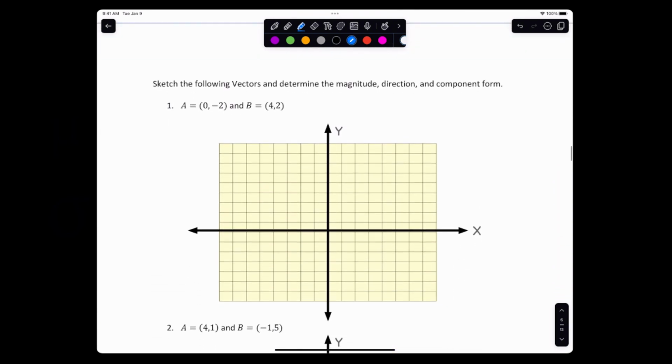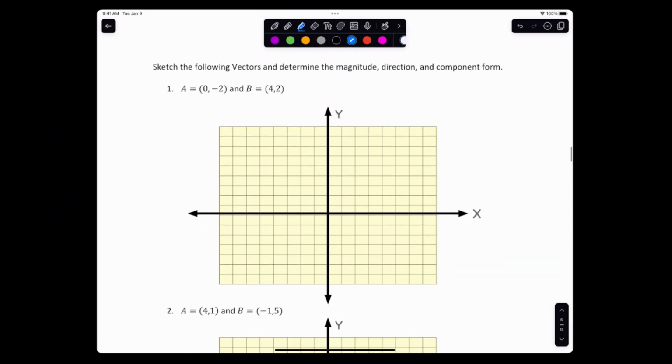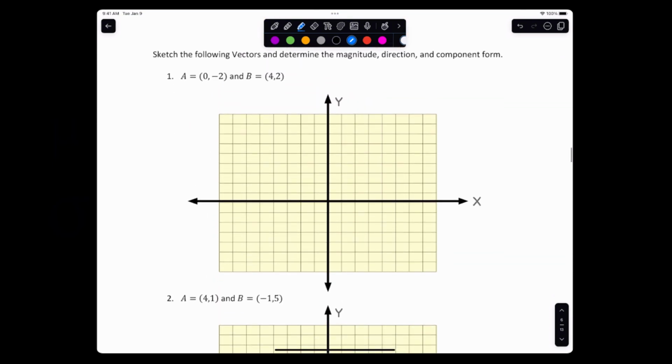We're gonna do some more here. Do you guys think you could do these two here, 1 and 2 on your own? I'm going to have you guys try 1 and 2. To get the component form, I want you to find the magnitude and the direction.